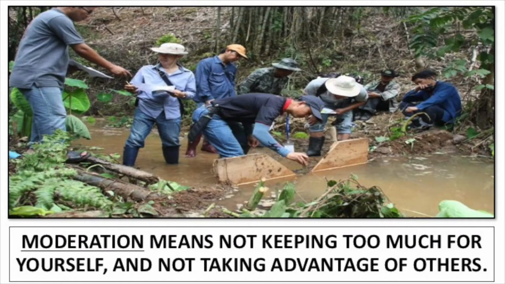Moderation means not keeping too much for yourself and not taking advantage of others. So basically it means sharing and being nice. If I have 10 sandwiches and we're all hungry, should I keep the 10 sandwiches for myself or should I share them out with you guys?